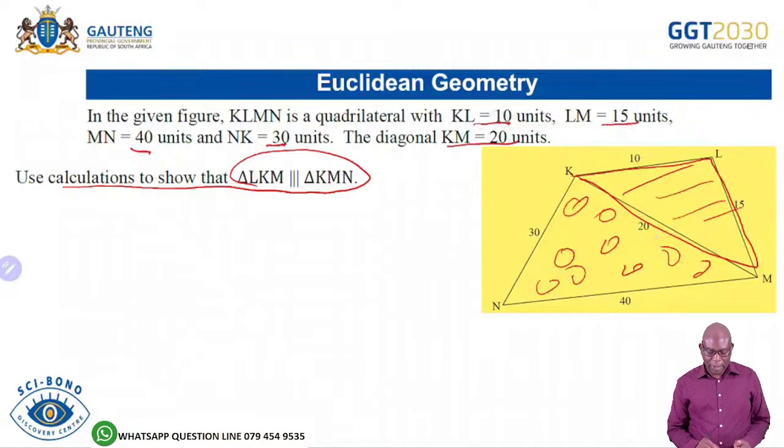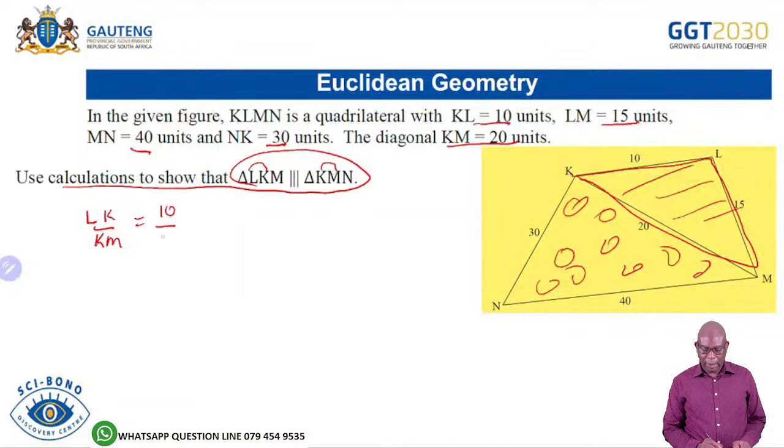If I take LK over KM, let's look at the sides. LK is 10, KM is 20. If I simplify that, I get 1 over 2.